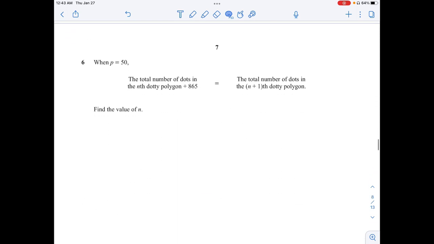Question number 6. When P is equal to 50, the total number of dots in the nth polygon plus 865 is equal to the total number of dots in the (n+1)th polygon.